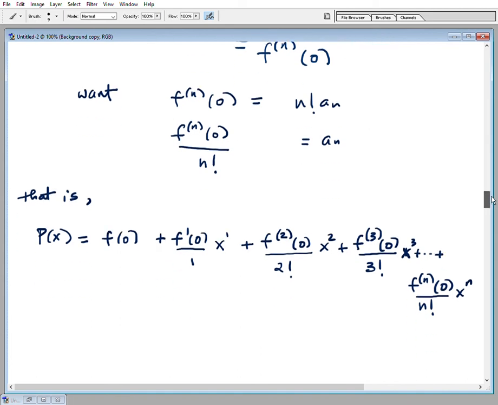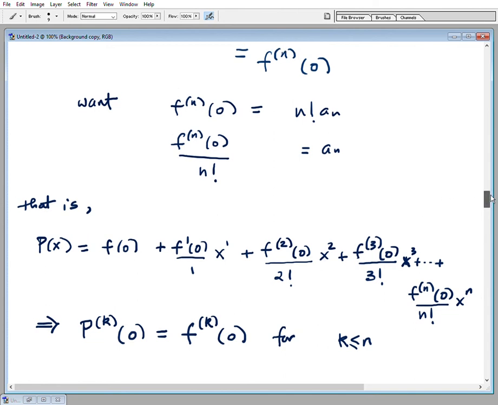If that's our polynomial, then all these derivatives will match. So we have what I called our custom-made polynomial that has matching derivatives for k less than or equal to n. So all the derivatives up to n, and the first value matches as well. That's our custom-made polynomial.